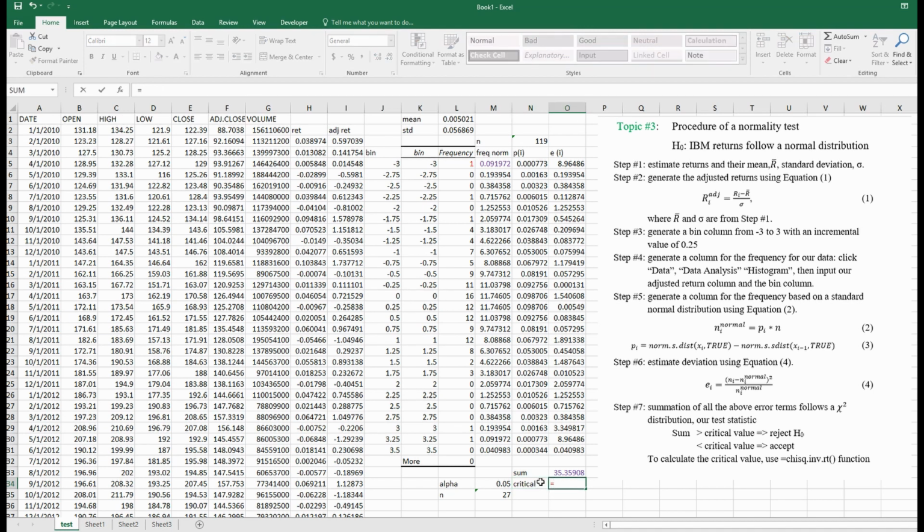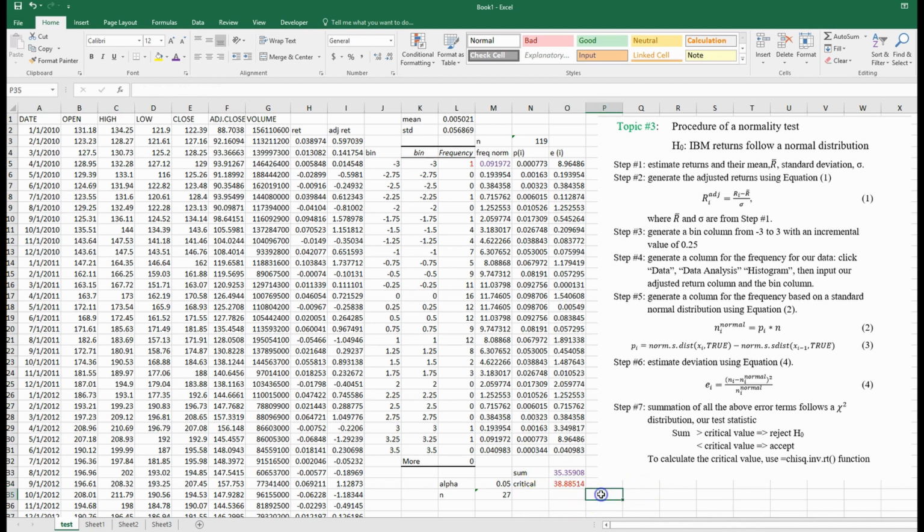Excel uses CHISQ.INV.RT, the right tail. So this is our probability, 5%. The degree of freedom is n minus 1. The critical value is 38.88. Our test statistic is 35.35.